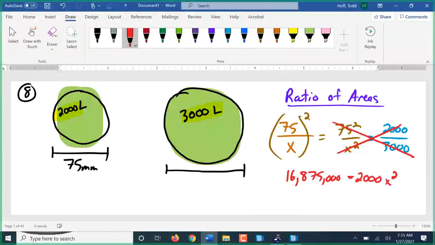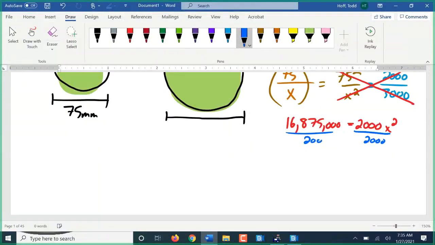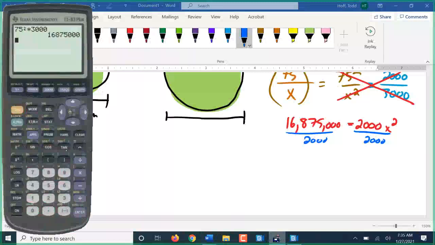That's just 2,000 x squared. Now we have to solve that for x, a little bit different than the equations we've worked with before. Still works the same. We have to get rid of the 2,000, so we're going to divide by 2,000. So I'm going to take the 16,875,000 divided by 2,000.